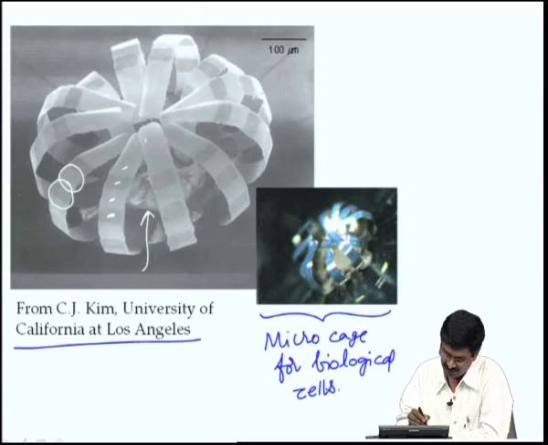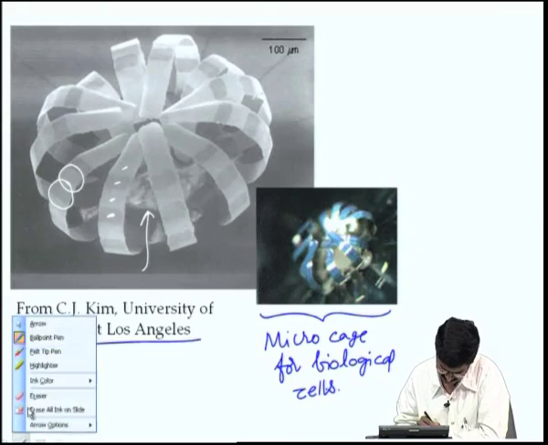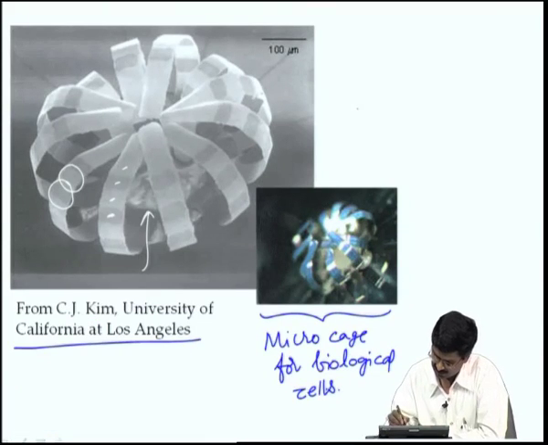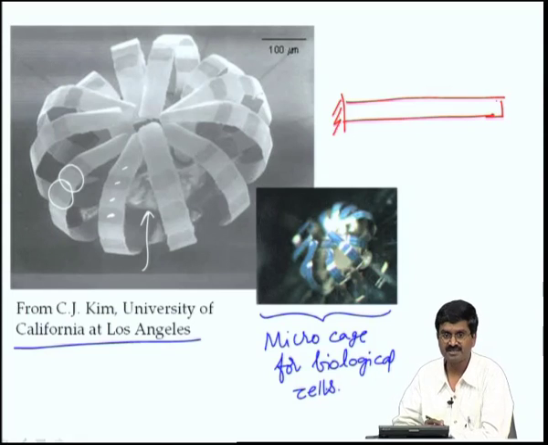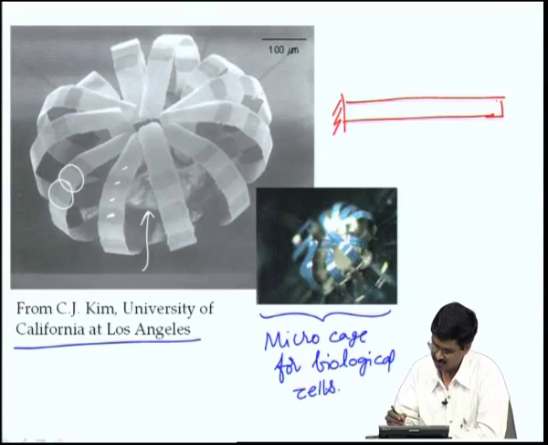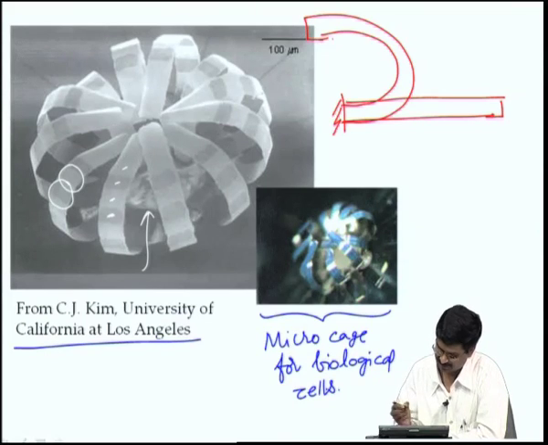In fact, if I look at any of these beams that have curled up, let us say I take this beam that was originally a beam, okay, I have to change the color. So, there is a beam which is fixed here and free here, and in the process we have induced the residual stress intentionally so that it can curl up and become like this, to become the cage.